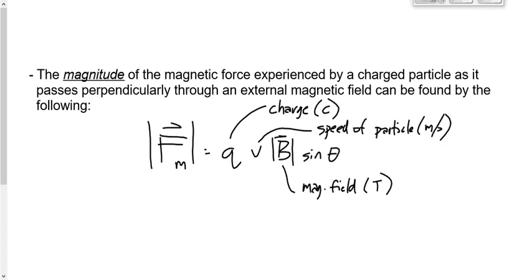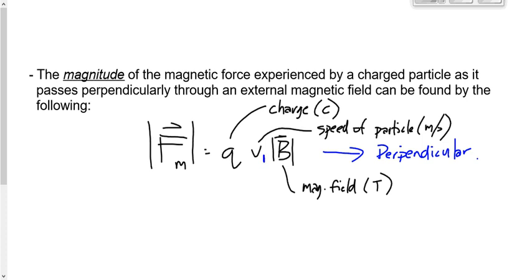What's sine 90? Okay, so the equation, if they're perpendicular, becomes Q times V times B times 1, which is QVB. So if they're perpendicular, we can drop that sine theta because the angle is 90 degrees, which makes sine theta 1, which makes the equation equal to QVB.